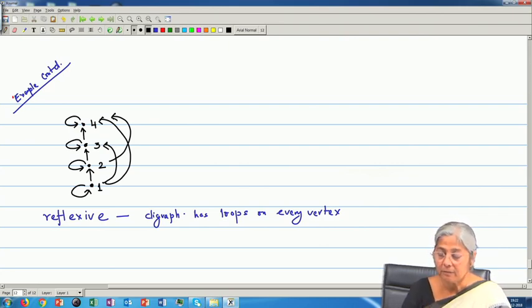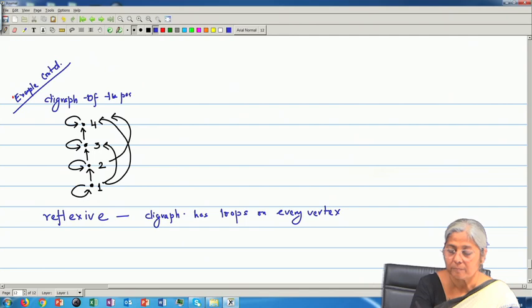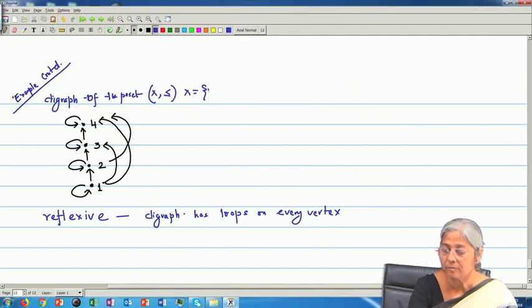So, this is my digraph of the poset X with less than or equal to, where X is 1 2 3 4.